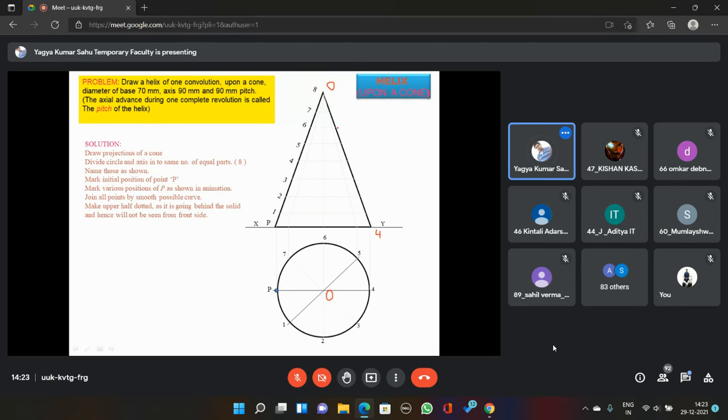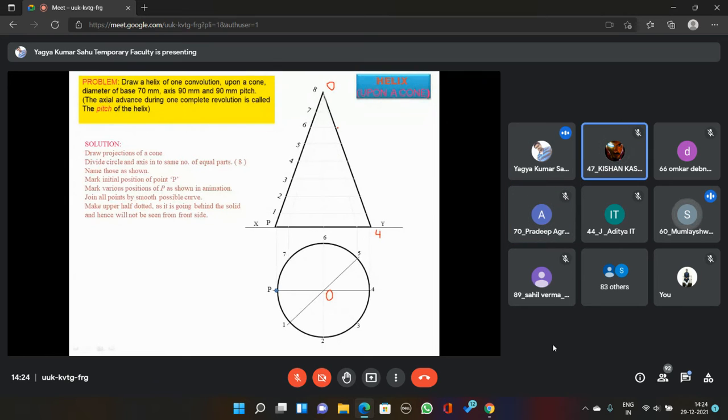What is the concept of helix? Pitch length or slant height? Which one? Pitch length.